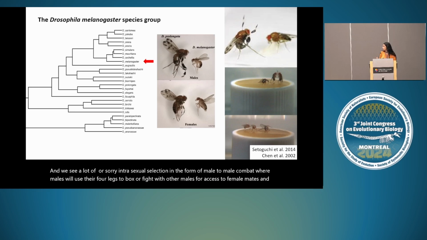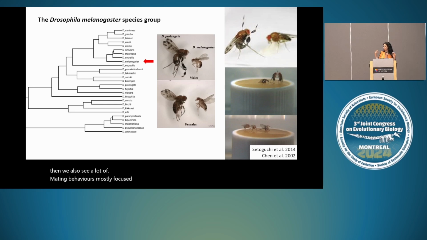And then we also see a lot of mating behaviors, mostly focused on the wings, which we call wing displays, where the males will display their wings to reluctant females. And in some species, we see leg displays that are similar to the wings.